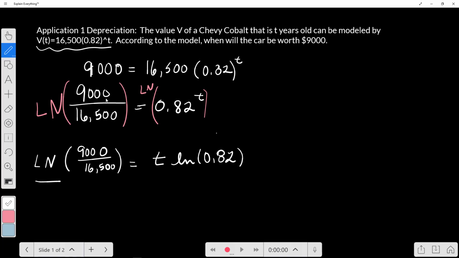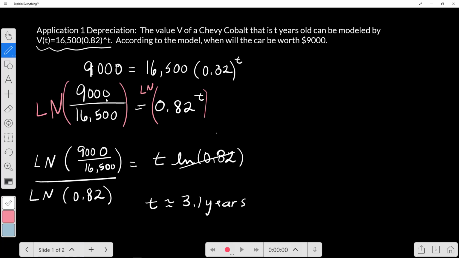And thus we divide that on both sides, by ln of 0.82. So that cancels, and it equals t. You should get something like 3.1 years if you did it right.